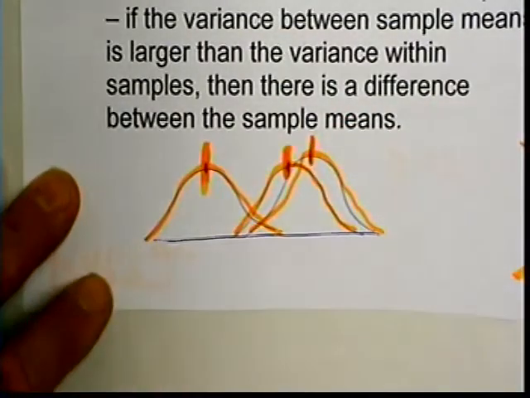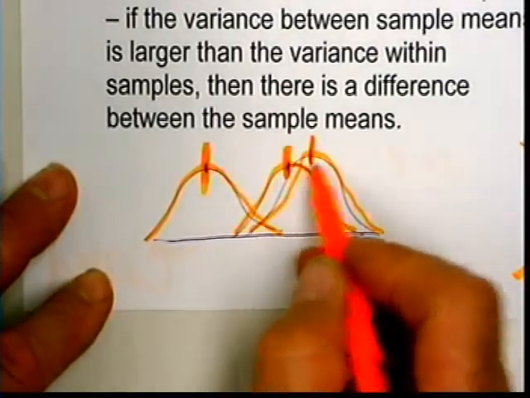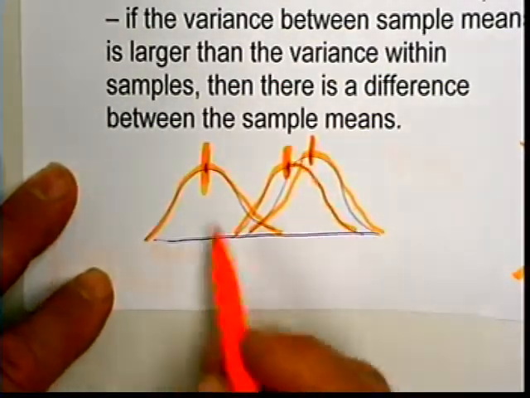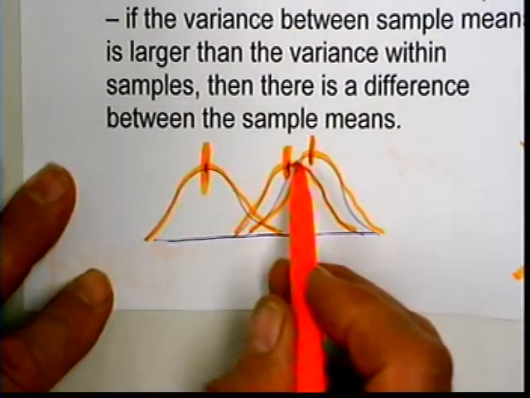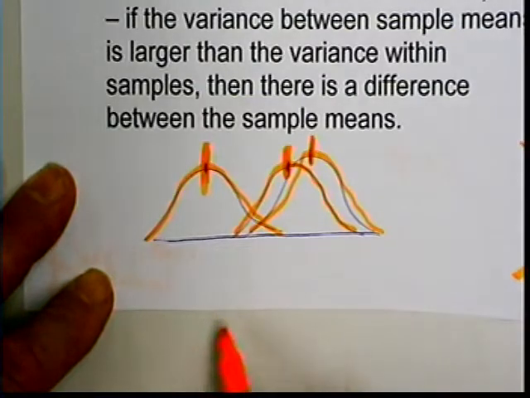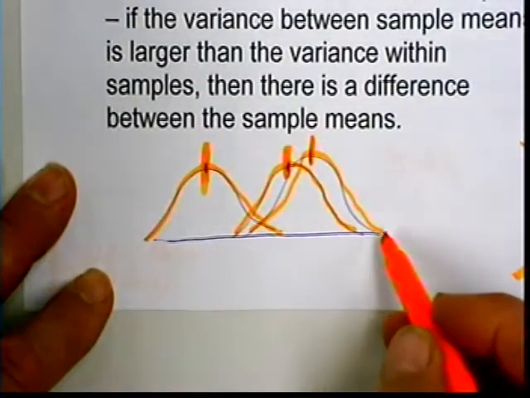And so, since this mean is so far away from these others, you'd expect the variance between the means to be greater than the variance of all these values.